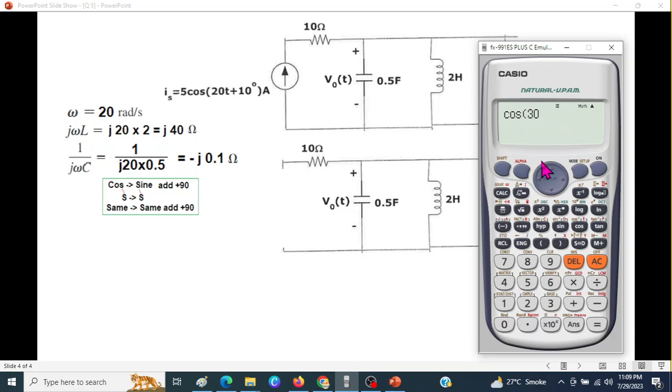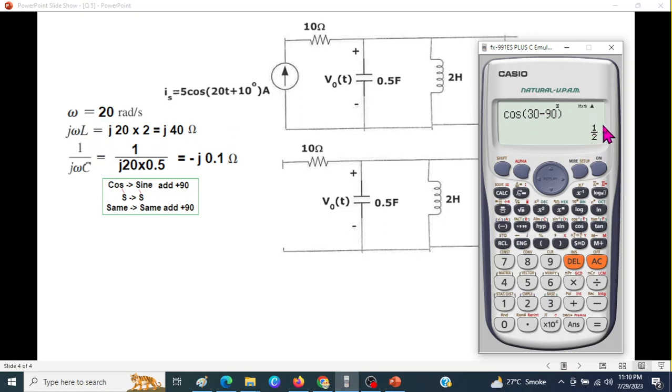So let's first of all see what is happening if we add 90. So plus 90 equals minus half. So it's not the same. That means we cannot add 90, so we have to subtract 90. Okay, and now let's see the answer.